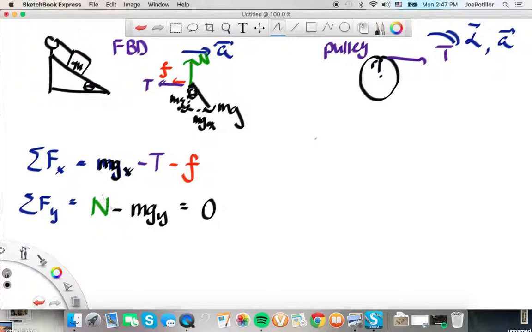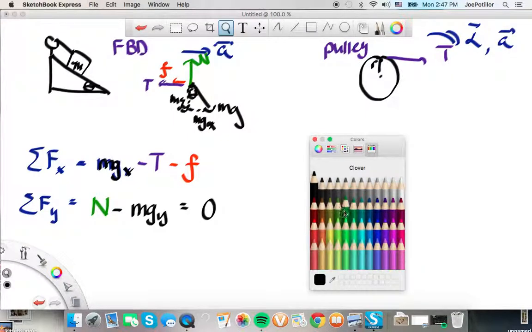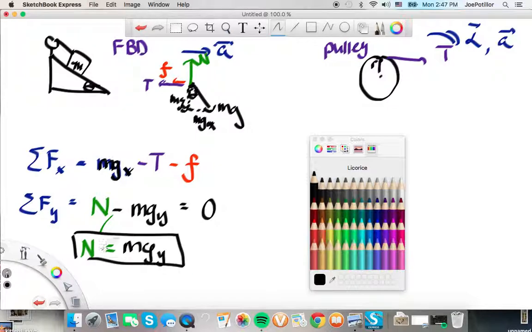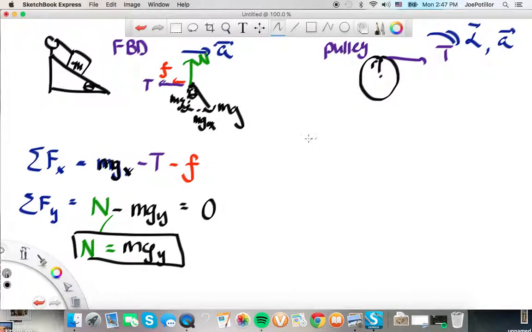So, in this case, normal is equal to mg y in the y direction. And we'll find out what that is later. So we have the equations that we need here.